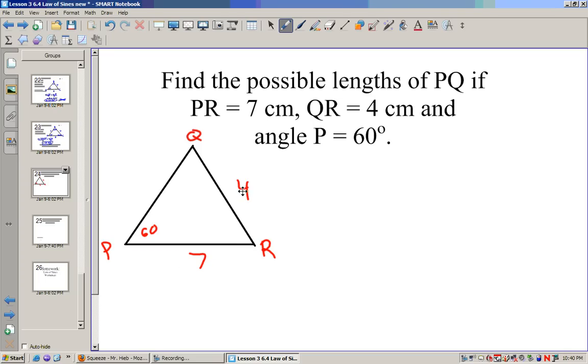It still could be 0, 1, or 2, but I'll say the sine of 60 over 4 is going to be equal to the sine of Q over 7. So when I cross multiply and divide, I'll have the sine of Q, not theta, is equal to 7 times the sine of 60 divided by 4.